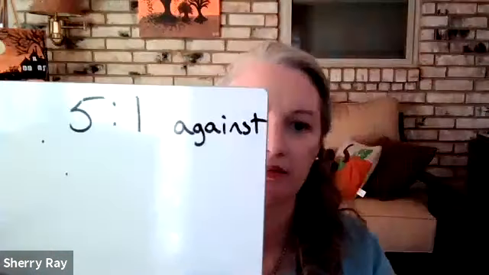Let's just say, for example, I were to bet on the horse races, but I would want a safer bet. My safer bet would be a bet such as 5-1.